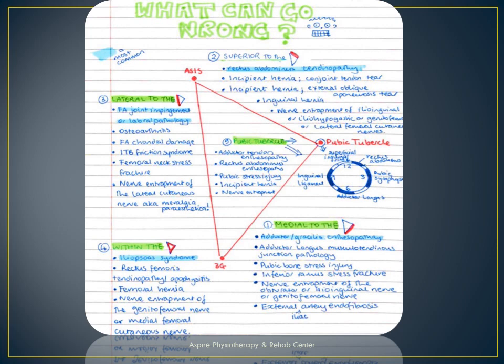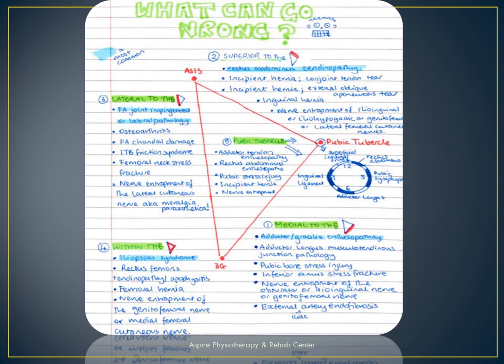So whenever we are assessing any patient and the patient is showing you this location as their pain point, or the pain origin is around this area, you can rule out all these pathologies. Now when the patient is having pain around the medial border, that is the border starting from pubic tubercle till your 3G point, what all structures can be associated?